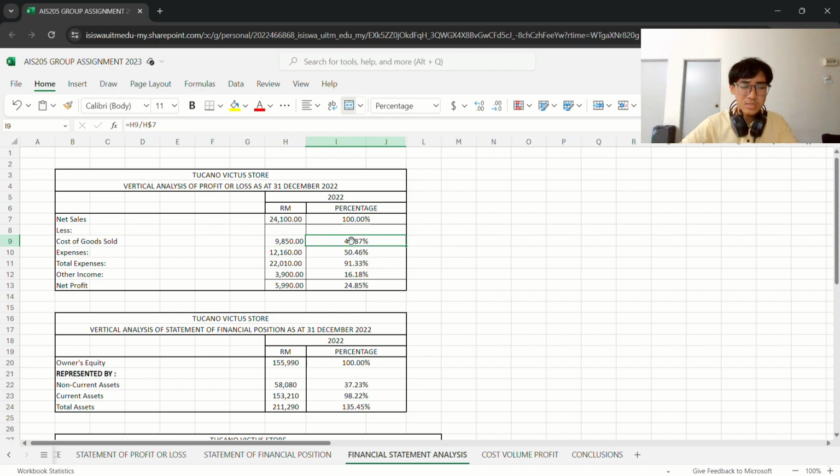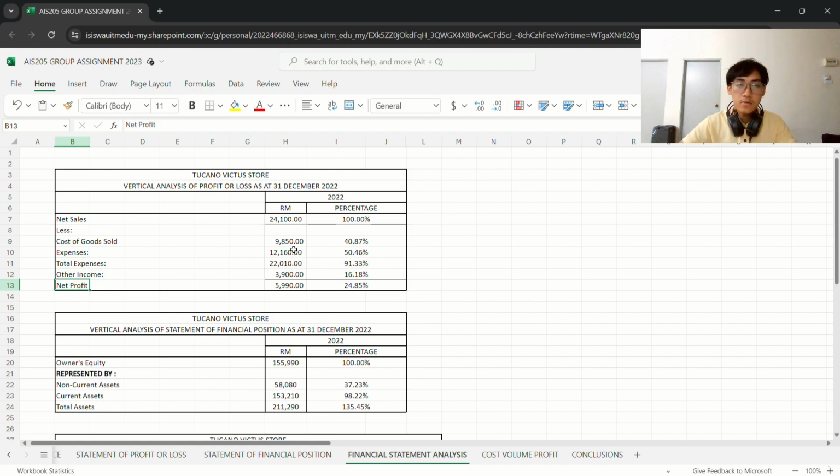So to calculate the percentage of the cost of goods sold, we must divide the cost of goods sold with the net sales and then times 100. Same with the other items in the statement like expenses, total expenses, other income, and net profit.